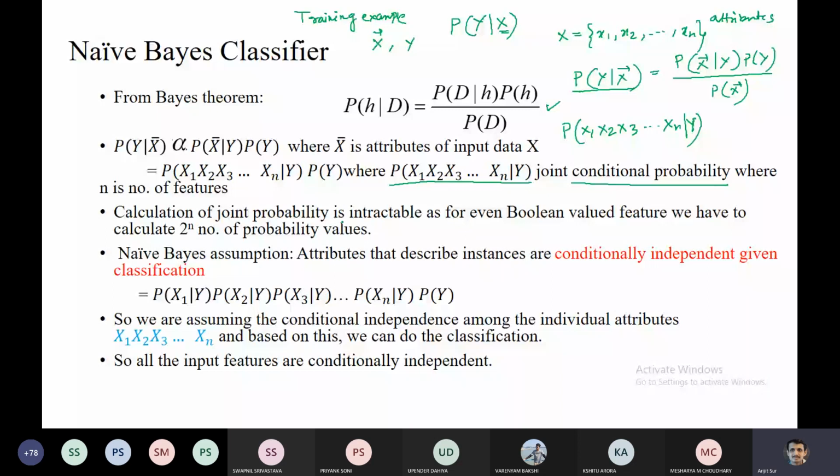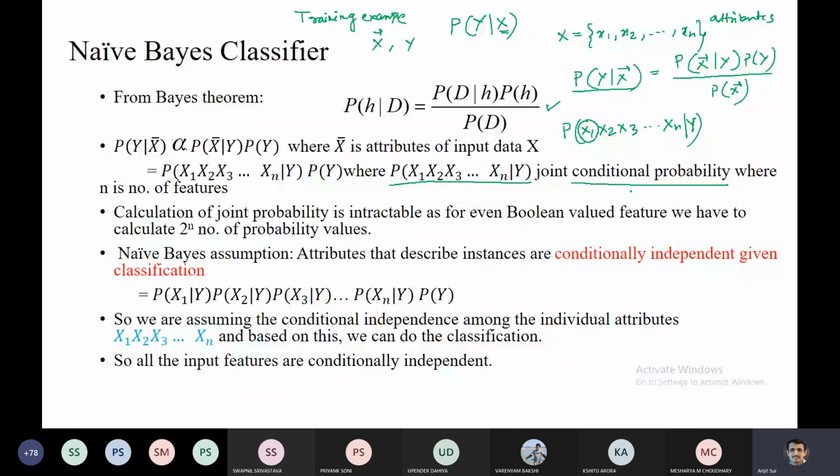So now we use an assumption, and this is called the naive Bayes assumption. The attributes that describe instances are very important here: the attributes describing the instances are conditionally independent given the classification.